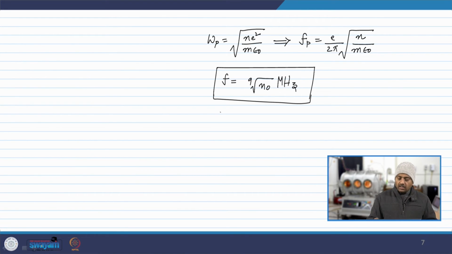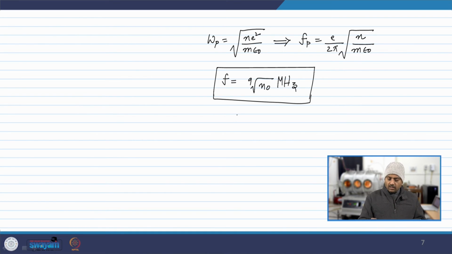Let us say the particles, in order to construct the Debye shielding, the particles should have some thermal velocity, because otherwise if it is a cold plasma, the particles cannot move and the shielding effect may not happen.